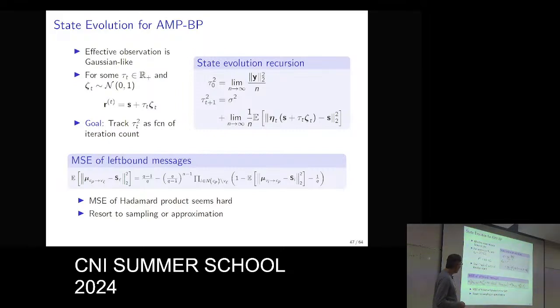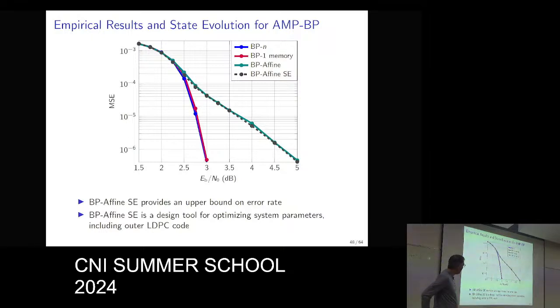So this is the story now. The BP affine is the one where I use the LMMSE. The BP affine SE is the BP affine with the state evolution that's available in closed form. These two curves we've seen. On the x-axis here, I have Eb over N0, a measure of the quality of the channel.